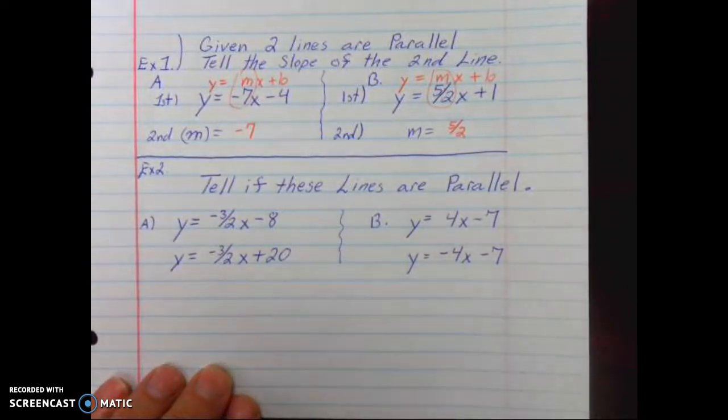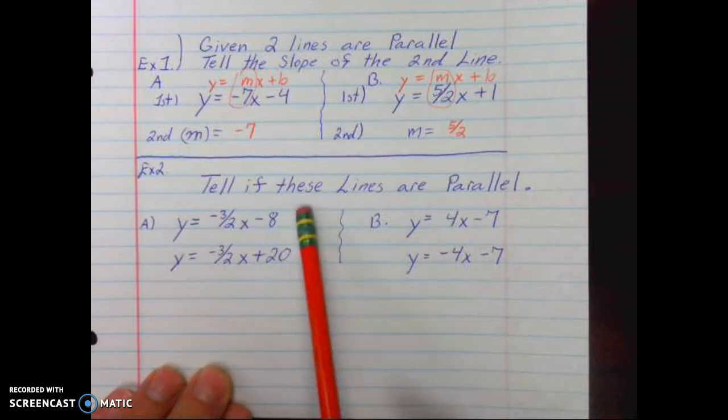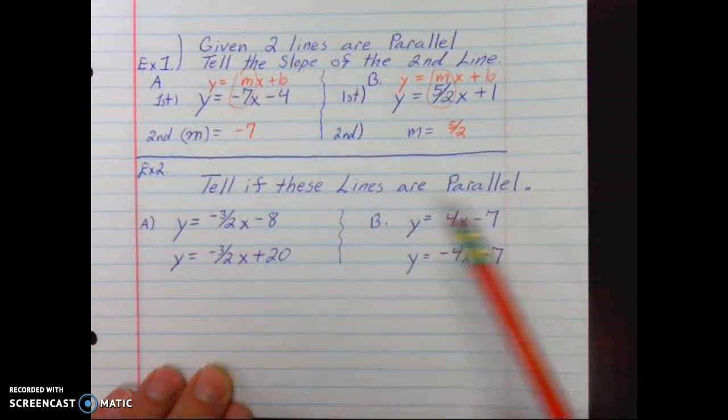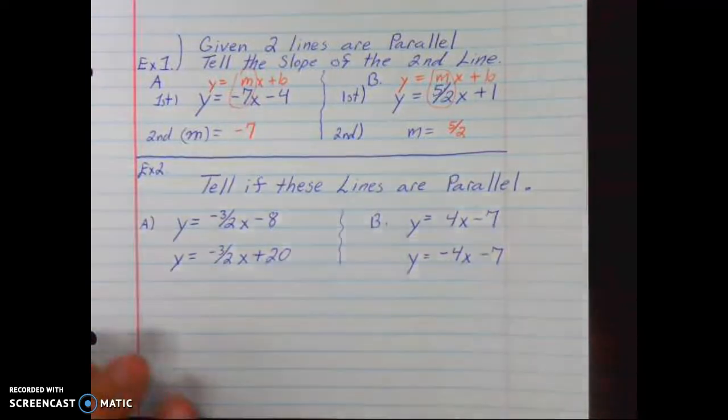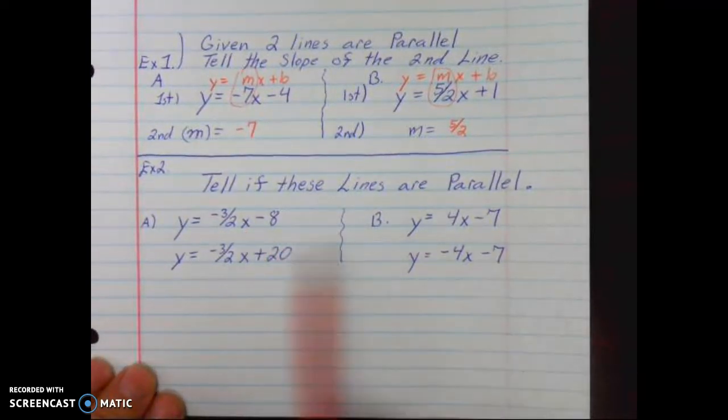So hit pause again for a few seconds. Write down the instructions and write down A with these two lines and write down B with these two lines. So do that right now. All right, so these are copied down and we're trying to figure out if these lines are parallel. First, we want to make sure, are they in the y equals mx plus b form?